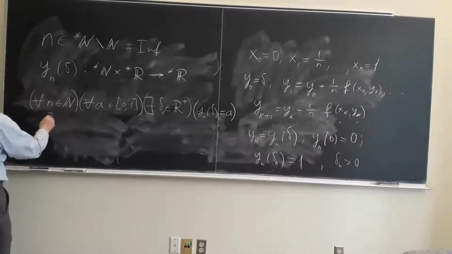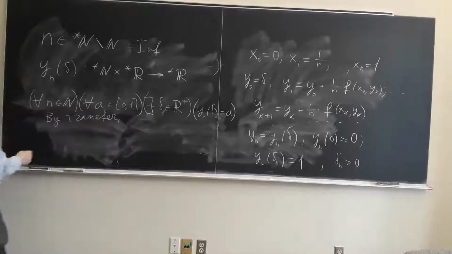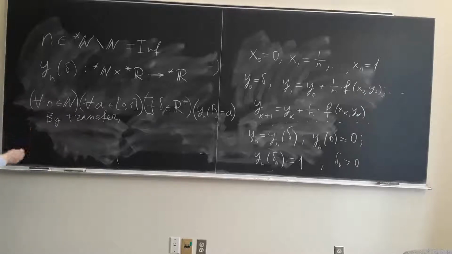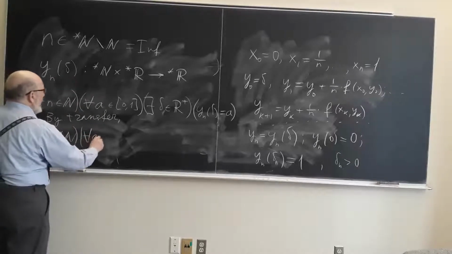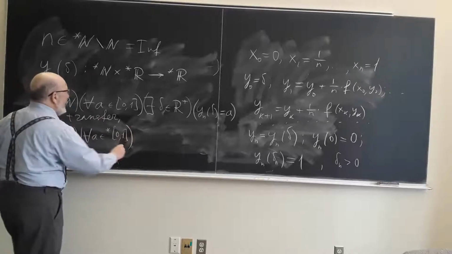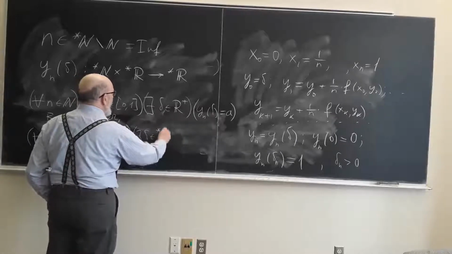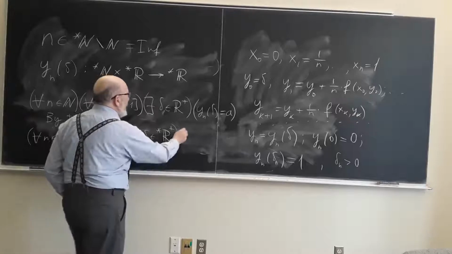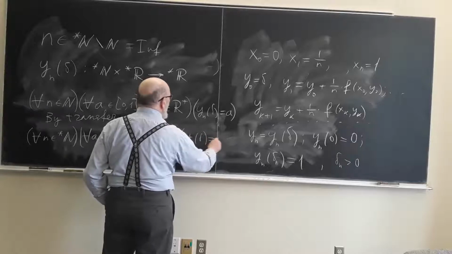And now by transfer, we have the following formula in the non-standard universe. For any n in star N, for any a in star of (0, 1), there exists delta in star R plus such that yn of delta equals a.